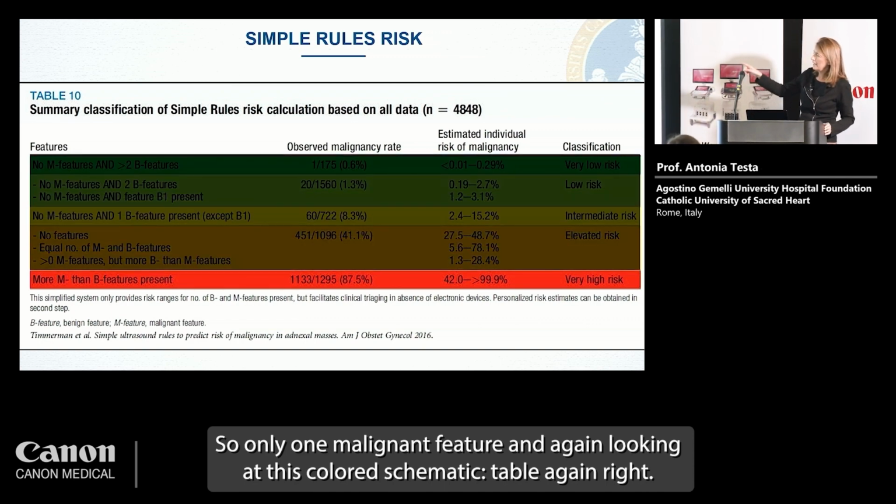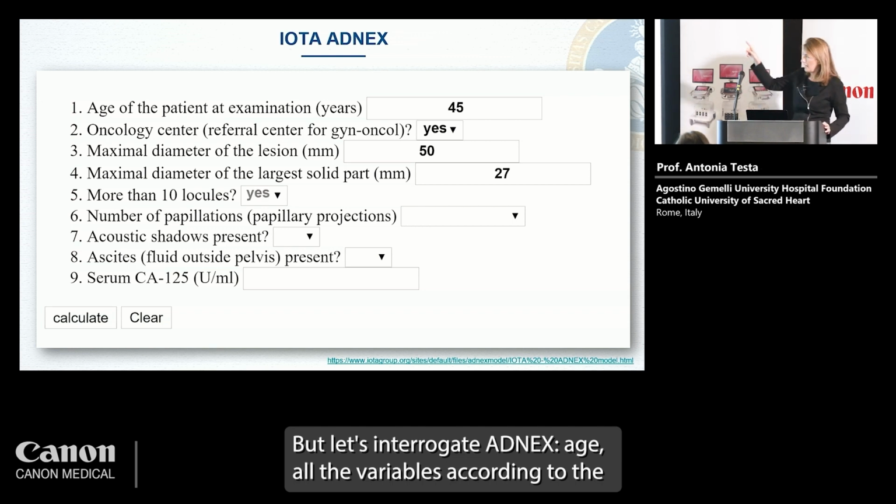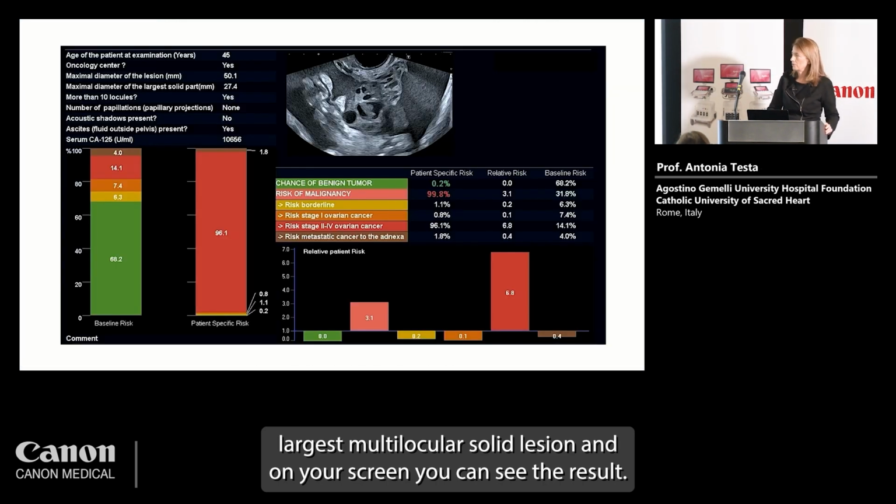And again, looking at this colored schematic table, again, red. But let's interrogate ADNEX. ADNEX, age, all the variables, according to the largest multilocular solid lesion, and on your screen, you can see the result.